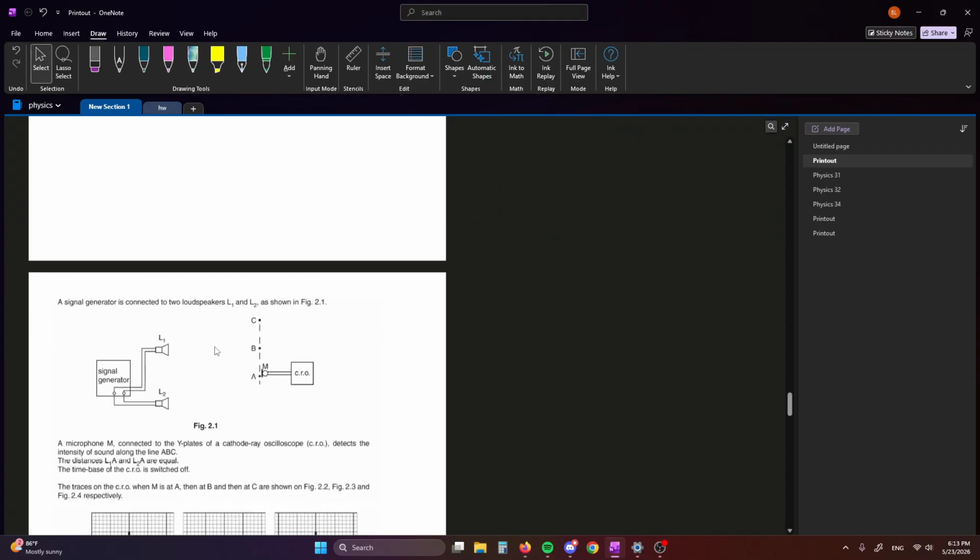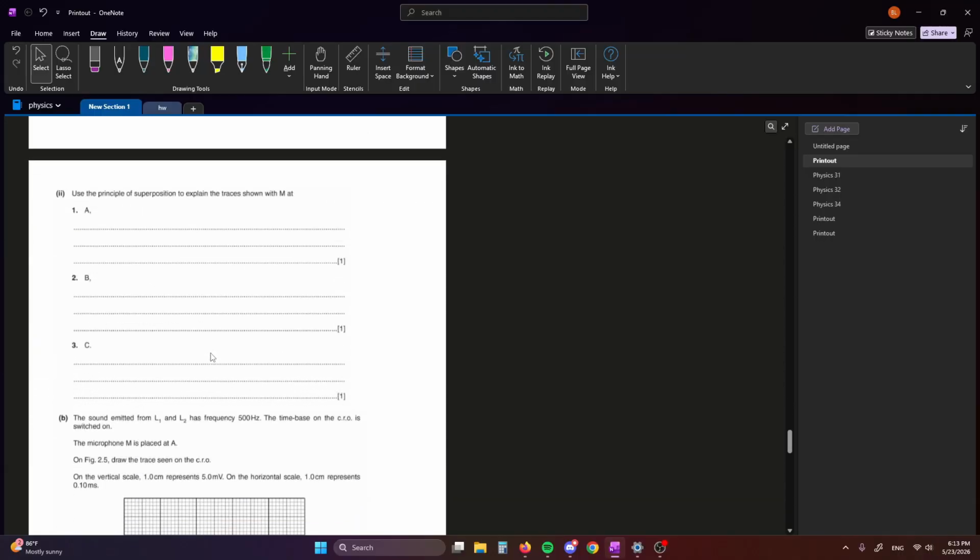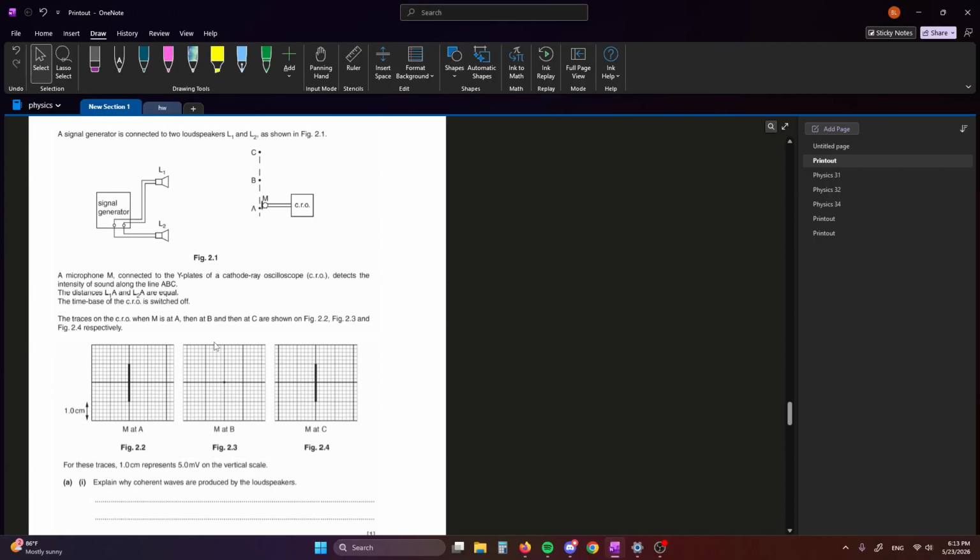All right, CRO. Okay, so a signal generator is connected to 2 loudspeakers as shown. A microphone M is connected to the Y plates of the CRO, which detects the intensity of the sound along the line ABC. The distances L1A and L2A are equal.